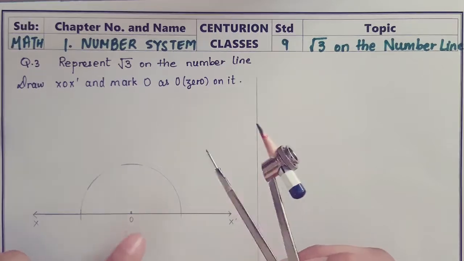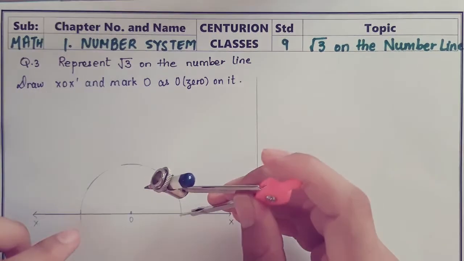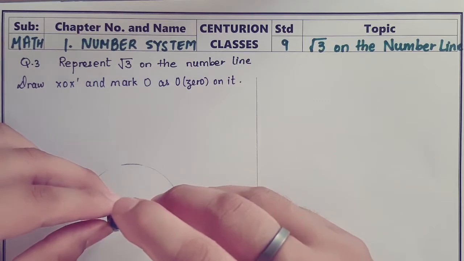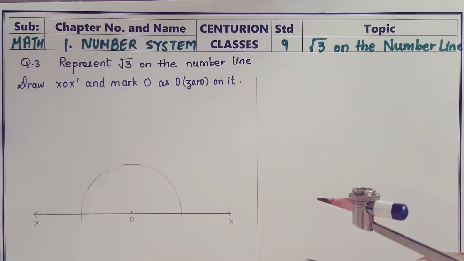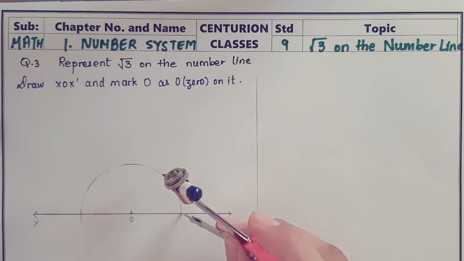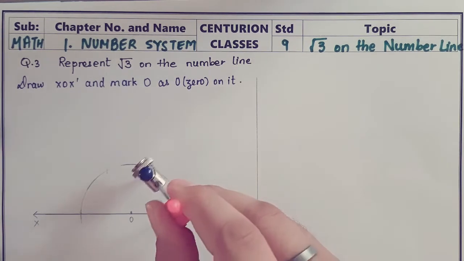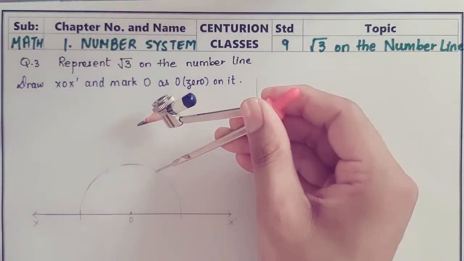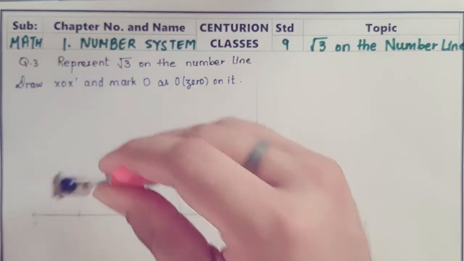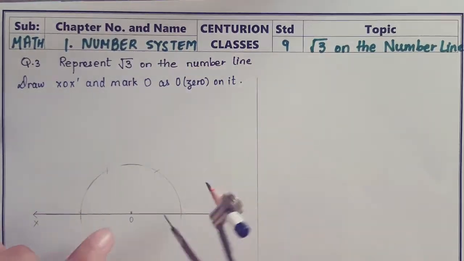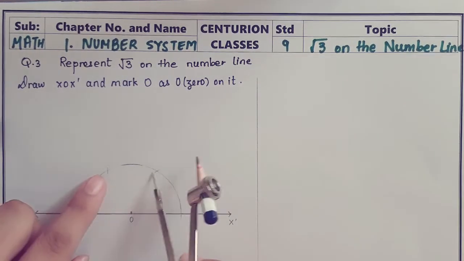Now I want to make a perpendicular bisector for this one. With the same measurement I'm going to make 3 cuts over here. This is 60 degree, this is 120 degree, and then this is 180 degree. Now this is already 60 degree and this is also 60.